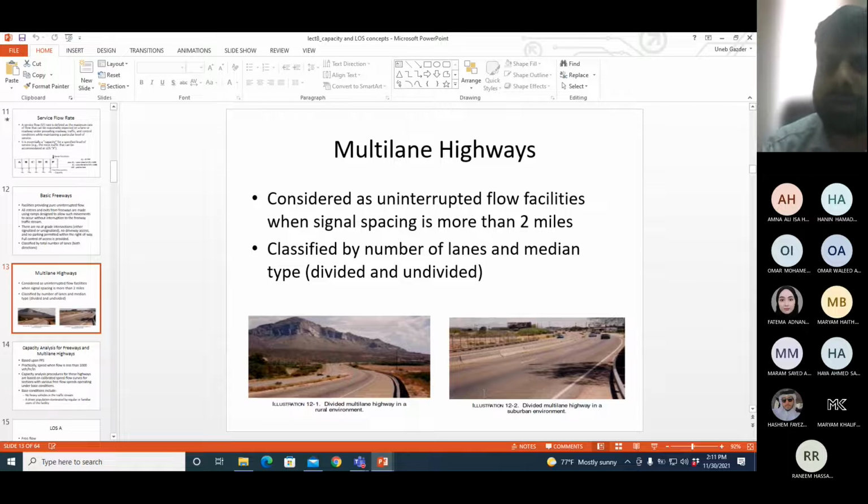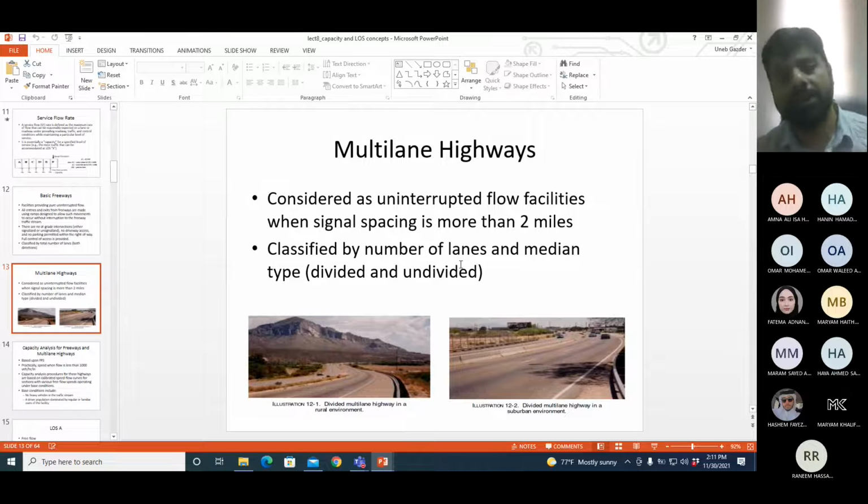Then, if the highway again has 4 lanes or more, you can call that highway a multi-lane highway. Now, a median for a multi-lane highway is not necessary. A multi-lane highway which has a median is known as divided. A multi-lane highway which doesn't have a median is called undivided. So multi-lane highways can be divided or undivided depending upon whether you are providing a median or not. Both possibilities are there for multi-lane highways.